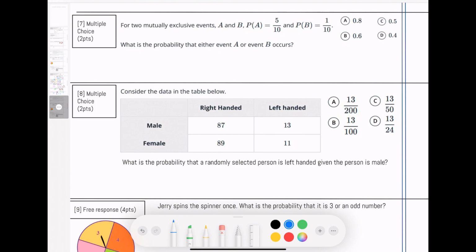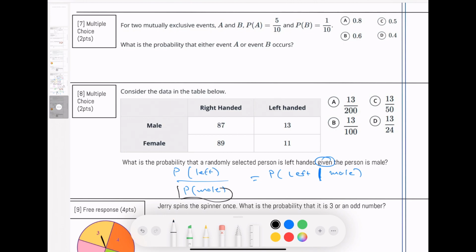Does that make sense? What is the probability that a randomly selected person is left-handed, given, that's what that symbol is, given that they are male? So basically, I need to figure out the probability that they are male, and then within that they are male, the probability that they're left-handed.